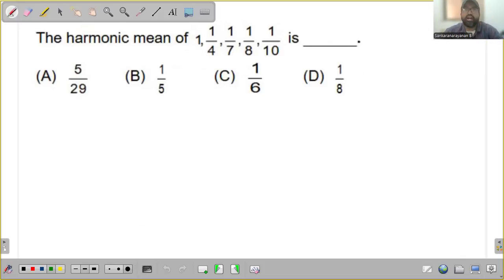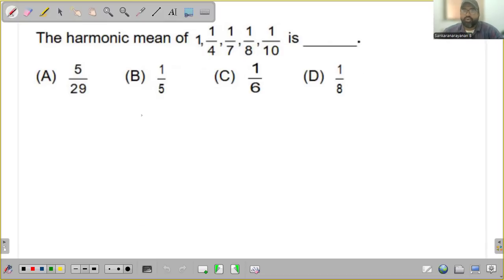You are asked to find the harmonic mean of 1, 1 by 4, 1 by 7, 1 by 8, 1 by 10. Altogether there are 5 observations.